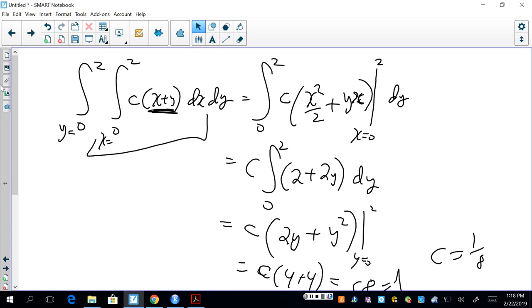So, what's the density for this one? 1 over 25y, for 0 to 2.